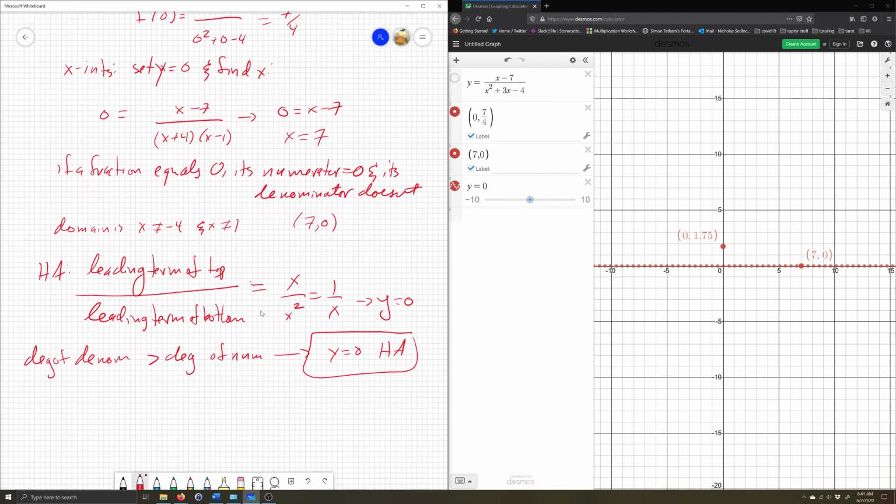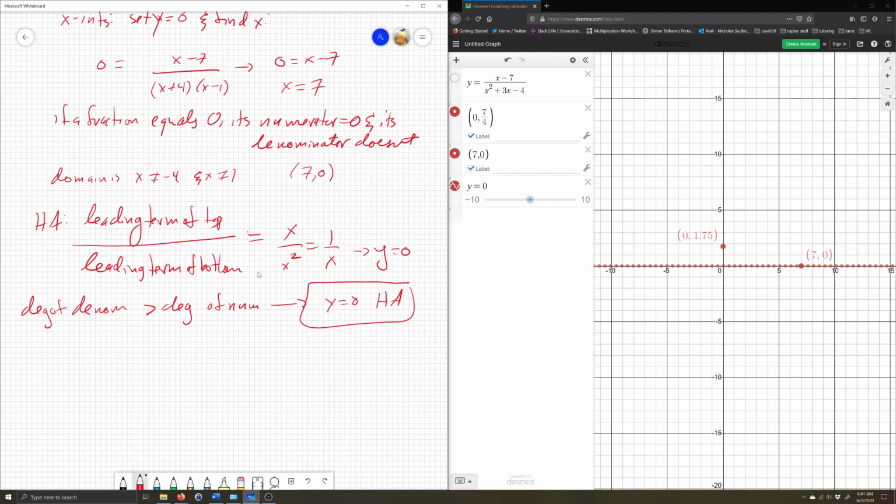All right. And so then in order to find vertical asymptotes, you're going to solve the equation x plus 4 times x minus 1 equals 0, because you're going to use the simplified denominator in order to find the zeros.